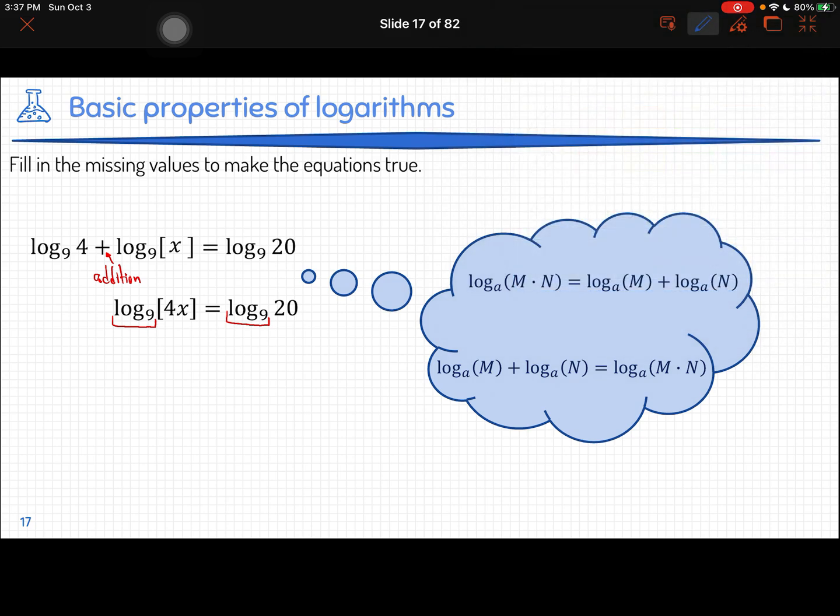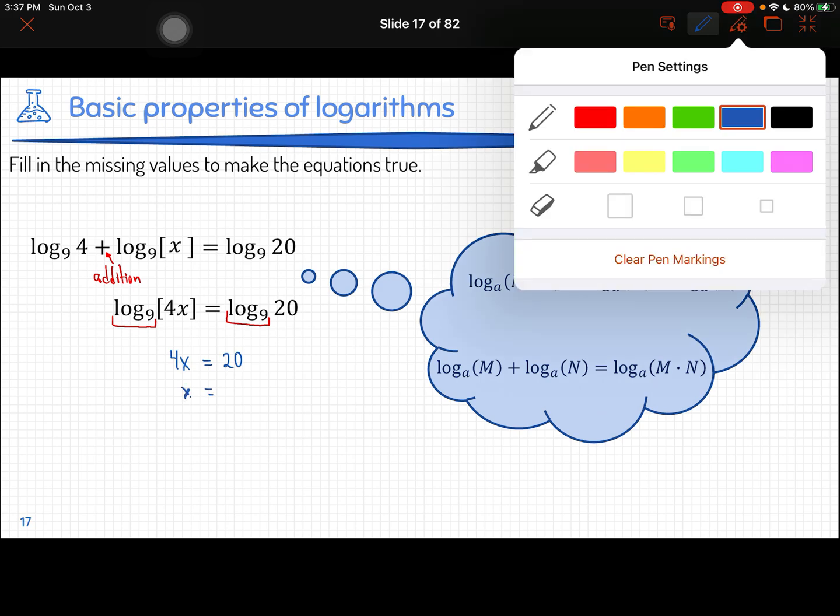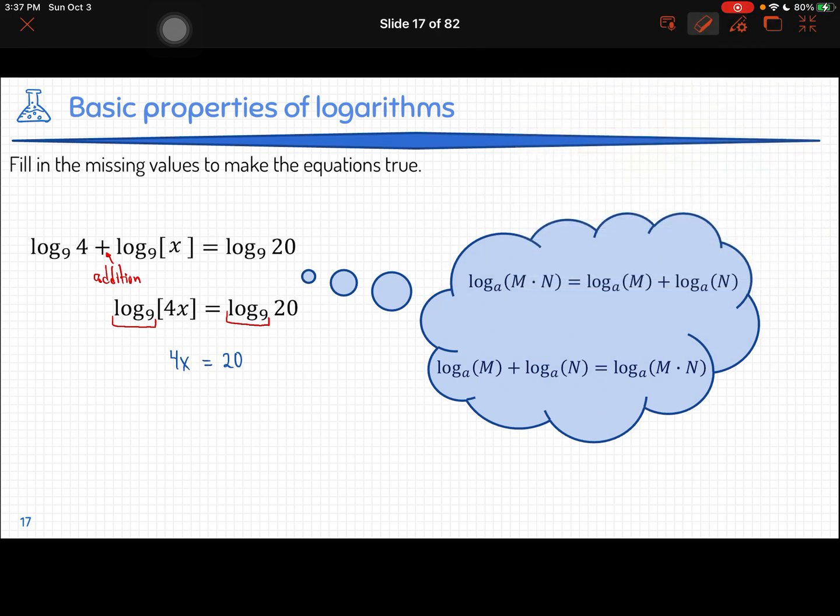So we can write an equation for saying that 4x must be equal to 20. Just taking this and this here. And then if we divide by 4, we're going to get the value of x. So x is going to be 20 divided by 4. So here we say that x is equal to 5.